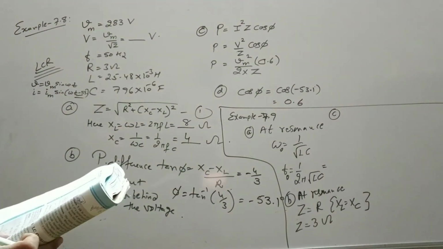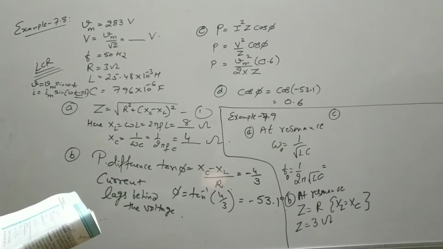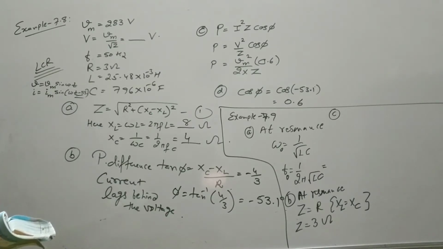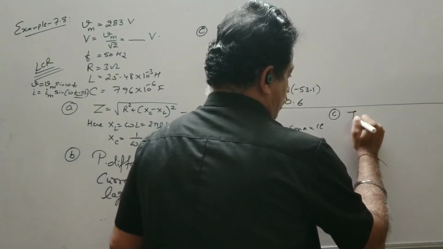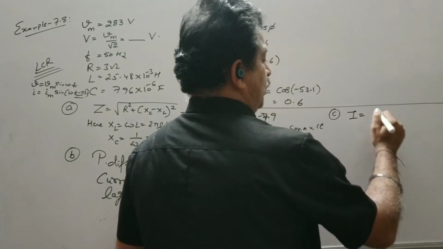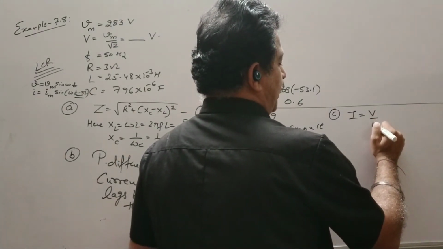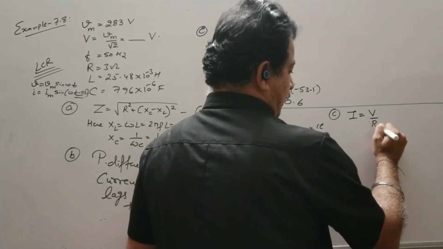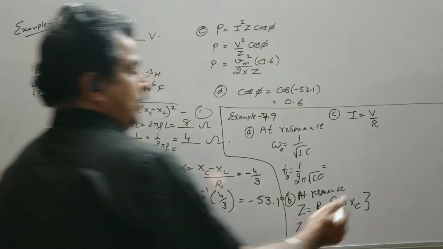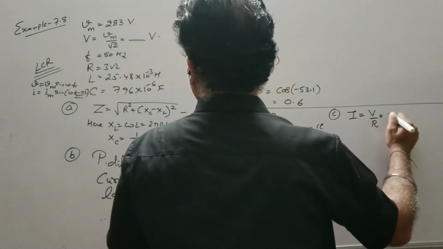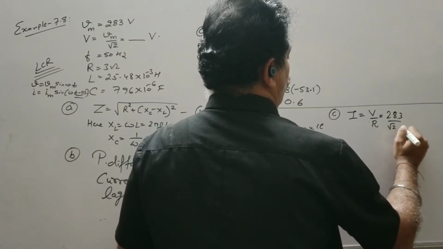Then we have to find out the current in the circuit and the power dissipated at the resonant condition. So current is equal to, by Ohm's law, V upon Z, but we are writing V upon R because Z is equal to R in this circuit. Here V means VRMS, that is 283 divided by root 2 into 3.